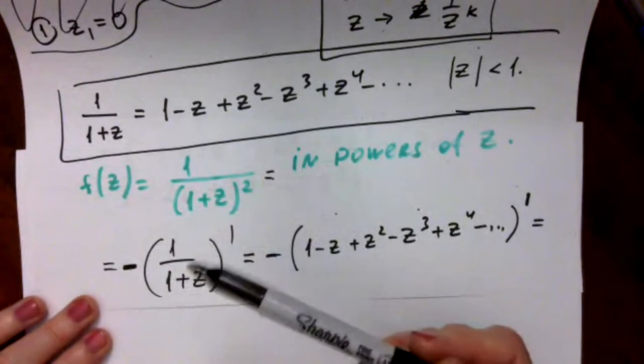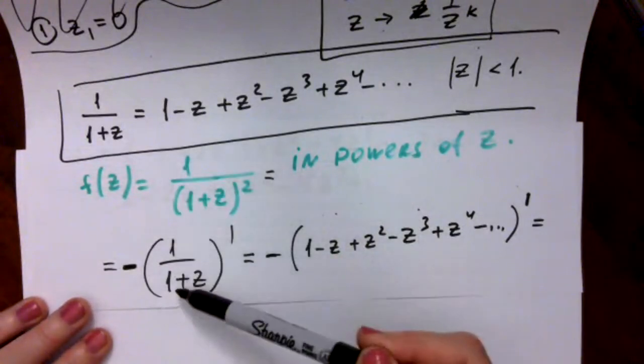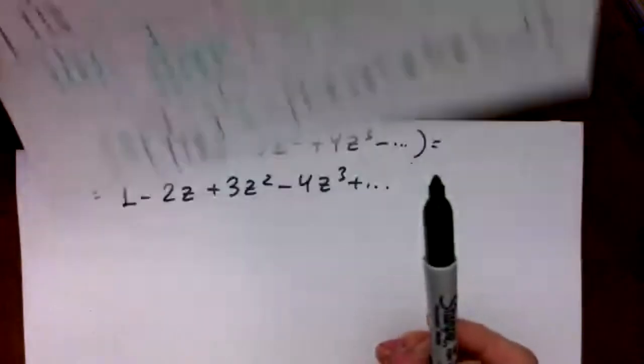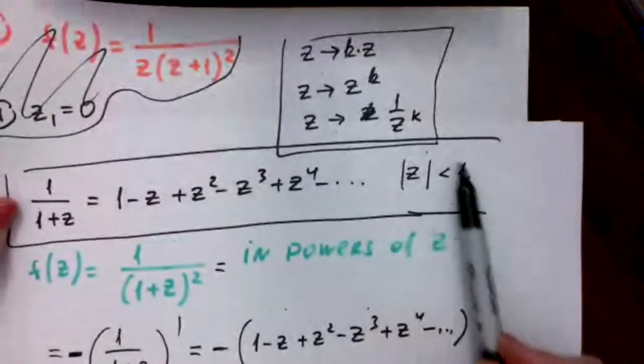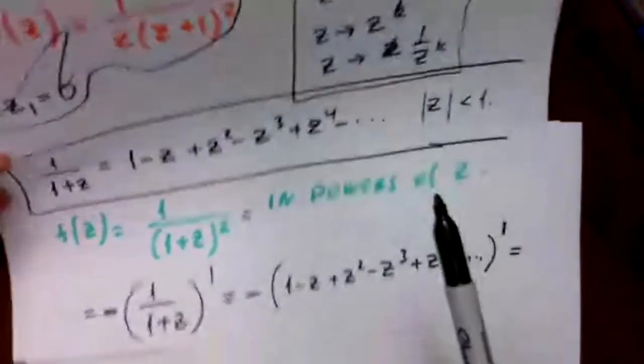That's it. Sometimes you could notice that your function is, on the contrary, the antiderivative of some canonical function, and so on. You can play around with this. And by the way, this operation of differentiation doesn't break your region of convergence. It will remain the same. There is a special theorem devoted to this fact.